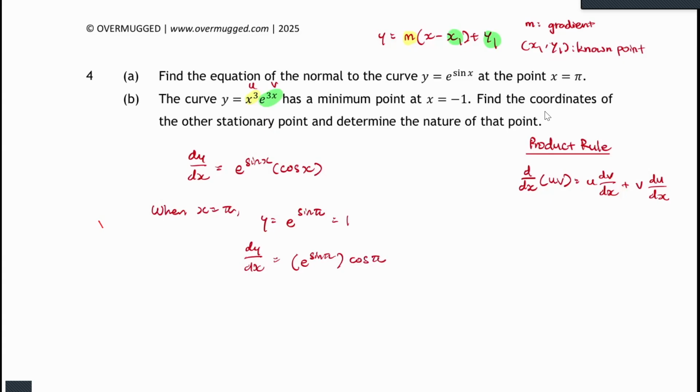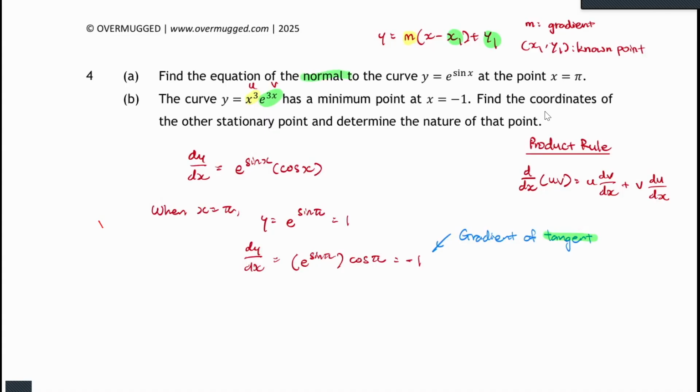Cos pi is negative 1. e to the power of 0 is 1. So this is negative 1. Take note that this is the gradient of the tangent. But the question is asking for normal.